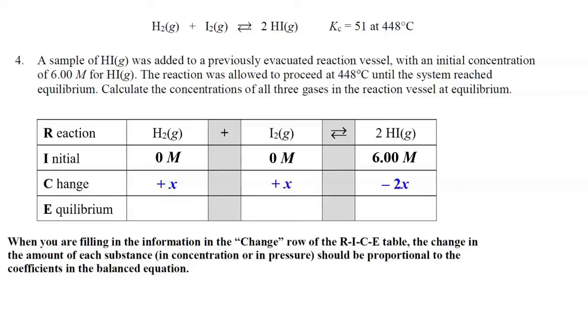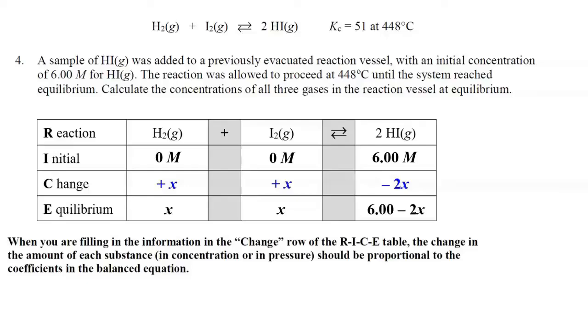So X, X, and 2X, that's the magnitude of the change according to the coefficients of 1, 1, and 2. At equilibrium, we will have a concentration of hydrogen of X. At equilibrium, we have a concentration of iodine that is also X. At equilibrium, we will have a concentration for hydrogen iodide of 6 minus 2X.